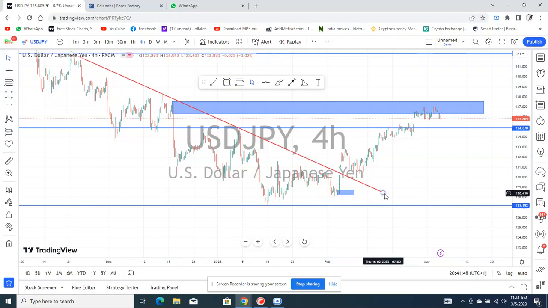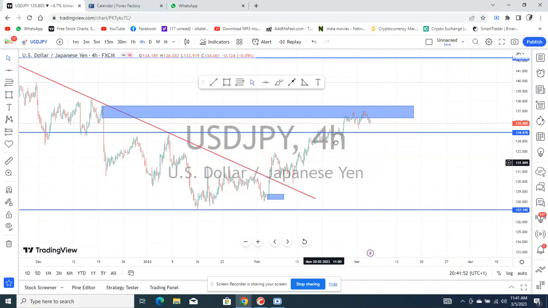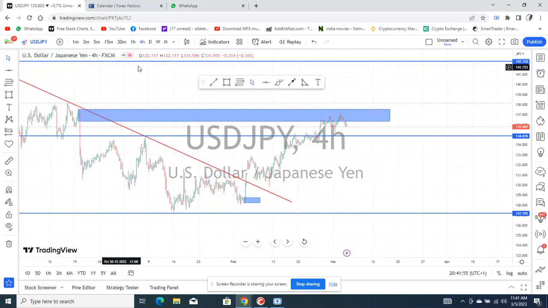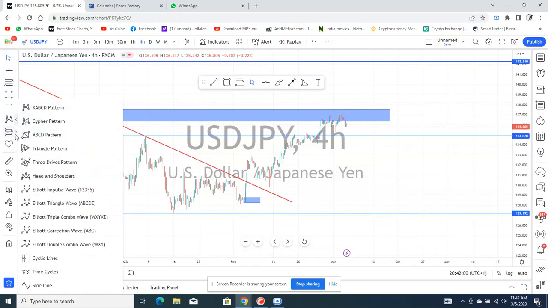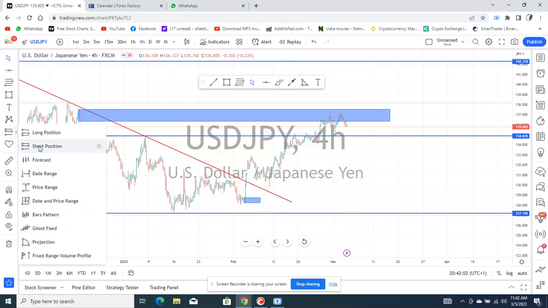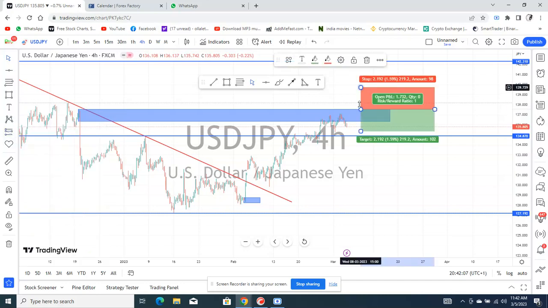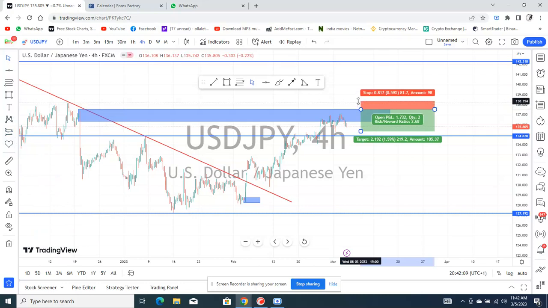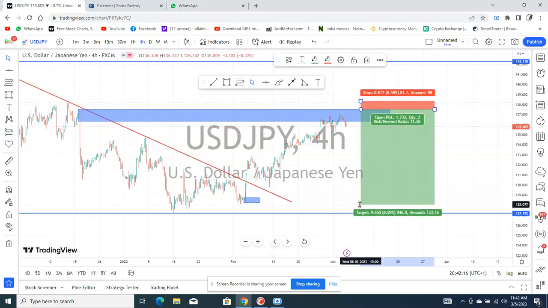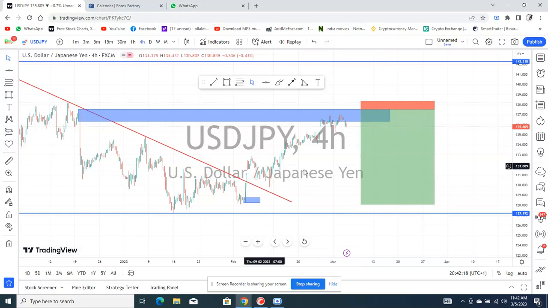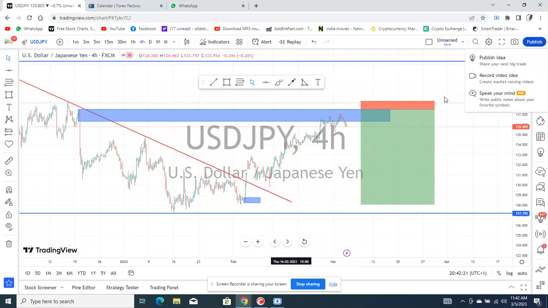It begs a trading opportunity for now. That's a good trade, good setup. Let me publish this one.